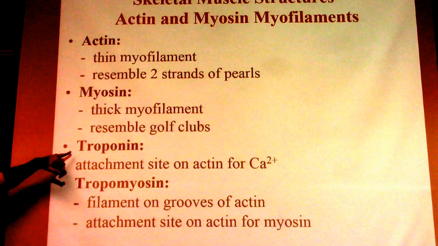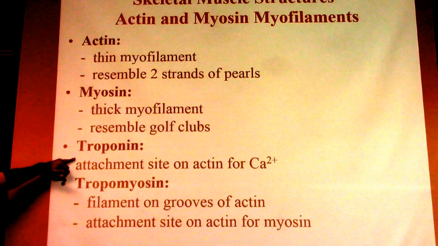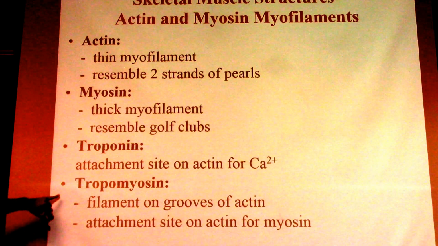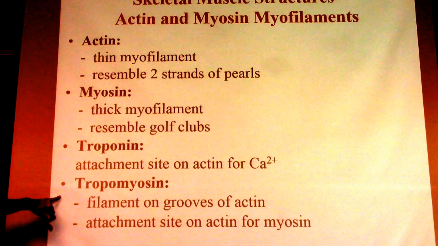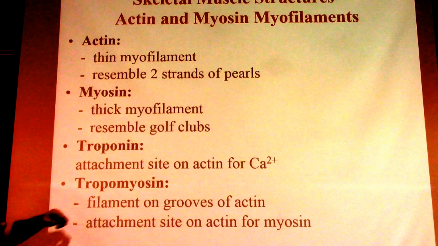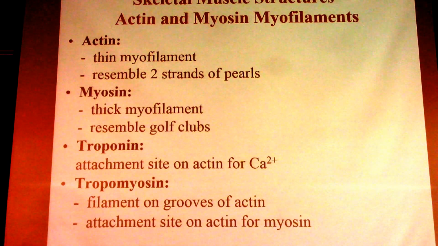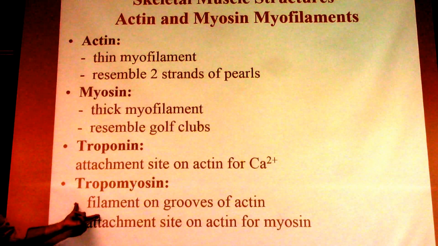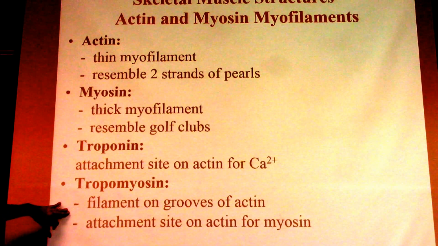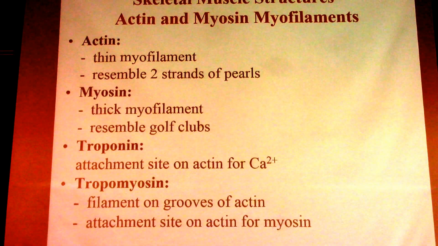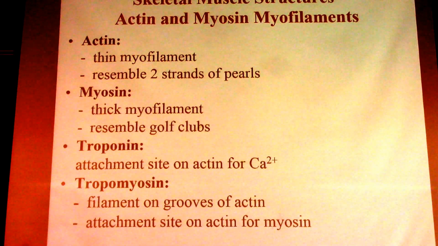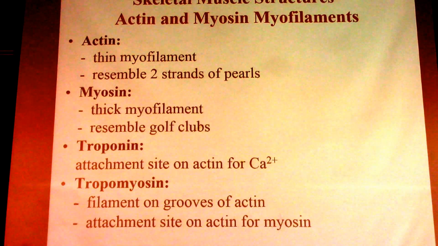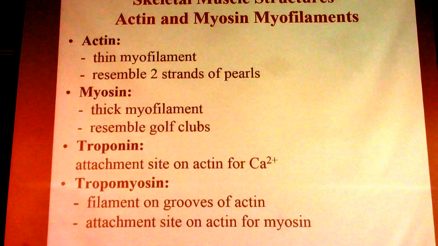So calcium basically binds to troponin protein, and then tropomyosin is also a kind of filament. It's a long protein, just like actin protein. So it binds to the actin protein, it is an attachment site on actin, and it provides a place for binding with myosin.